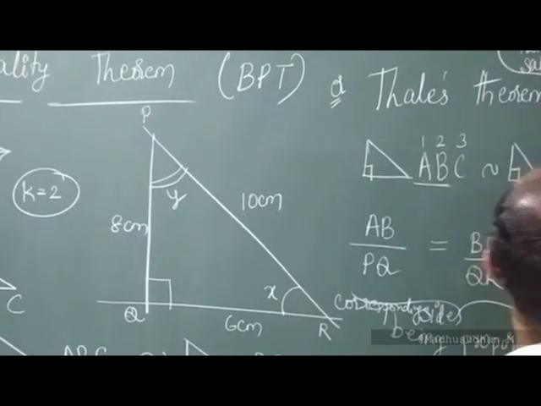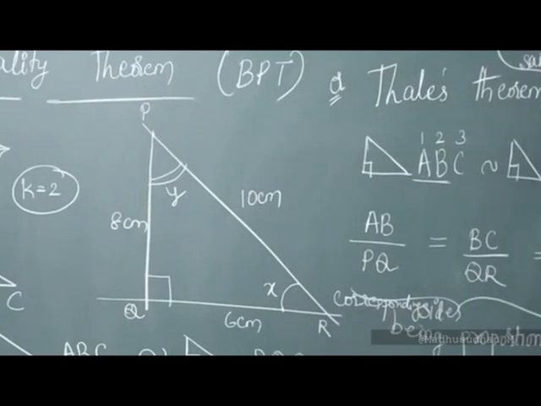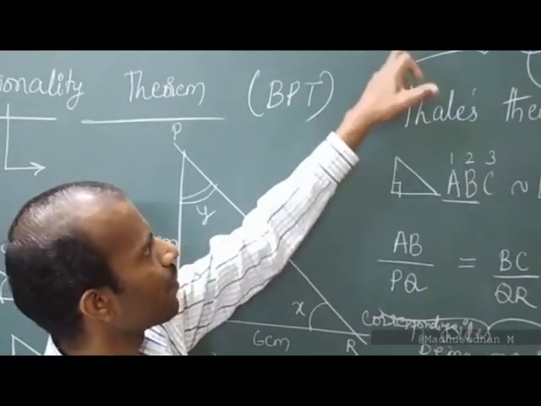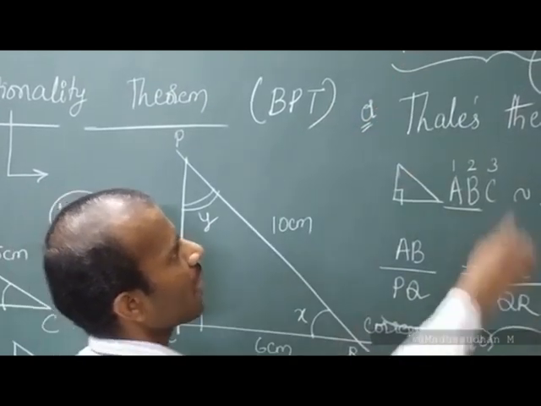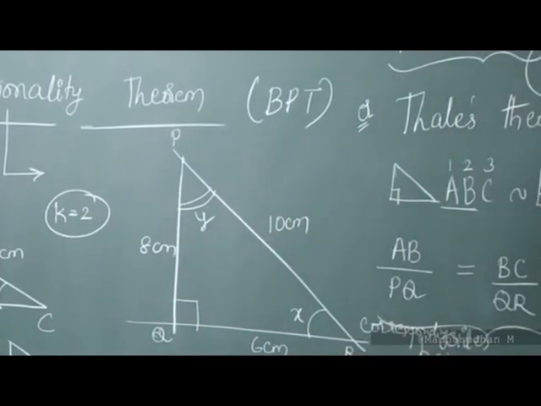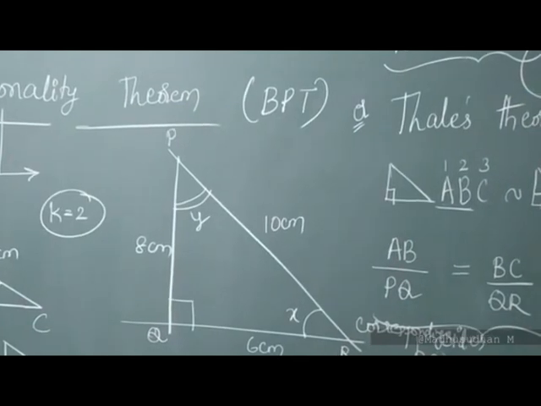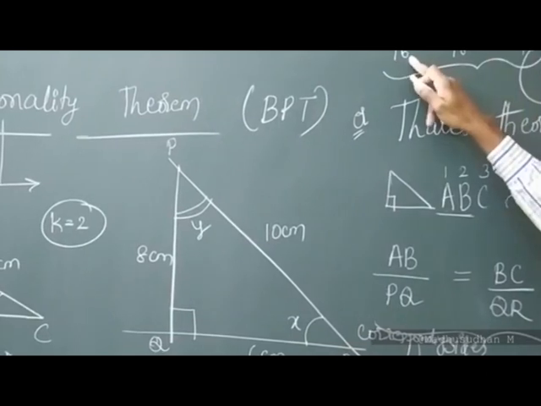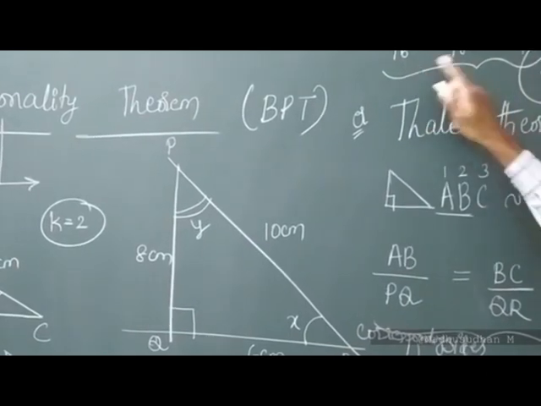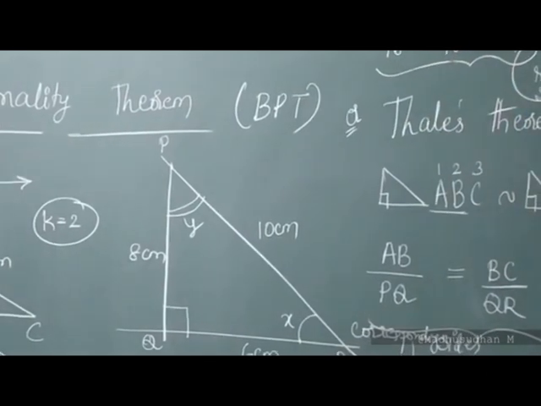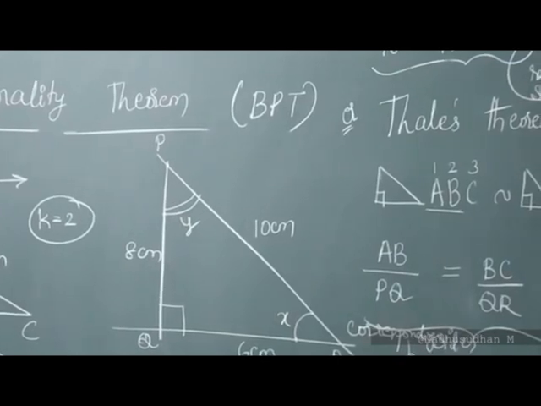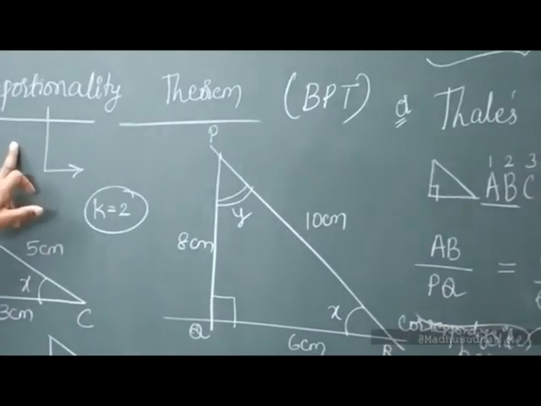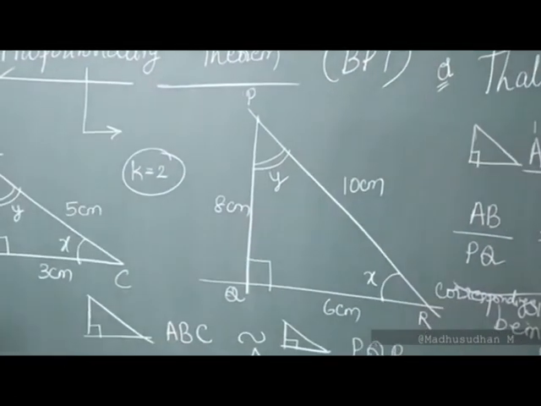Followed what I said now, children? If I simplify, if I cancel, is it not 8 ones are 8 twos are here? Is it not 9 ones and 9 twos are here? Or is it not equal to 1 by 2 here? So every ratio is equivalent to the other. So if we have more than 2 or 3 ratios which are equivalent, then they are said to be in proportion. Having understood the meaning of proportion, now we shall go for the statement of the BPT theorem.